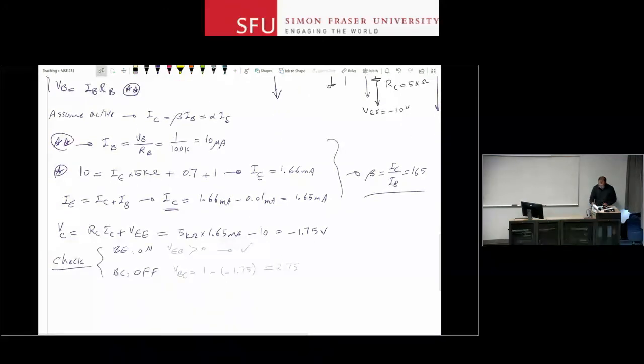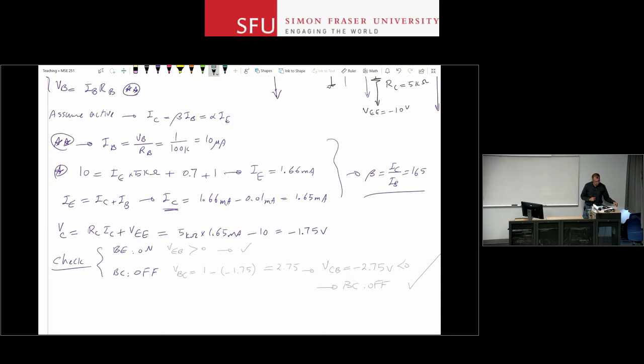So VCB, which is the voltage drop across the diode, is minus 2.75 volts, right? It's the negative of VBC, which is less than 0, and therefore BC is off. BE on, BC off, check. My assumption of active operating region was correct, and I can use the results that I have in the above.